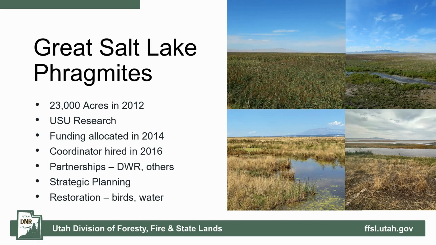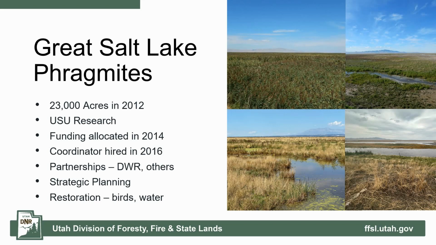There was an estimated 23,000 acres of Phragmites in the wetlands in 2012. This was from some early USU research. And the next steps of that research started looking at how we can control Phragmites and revegetate these wetlands.